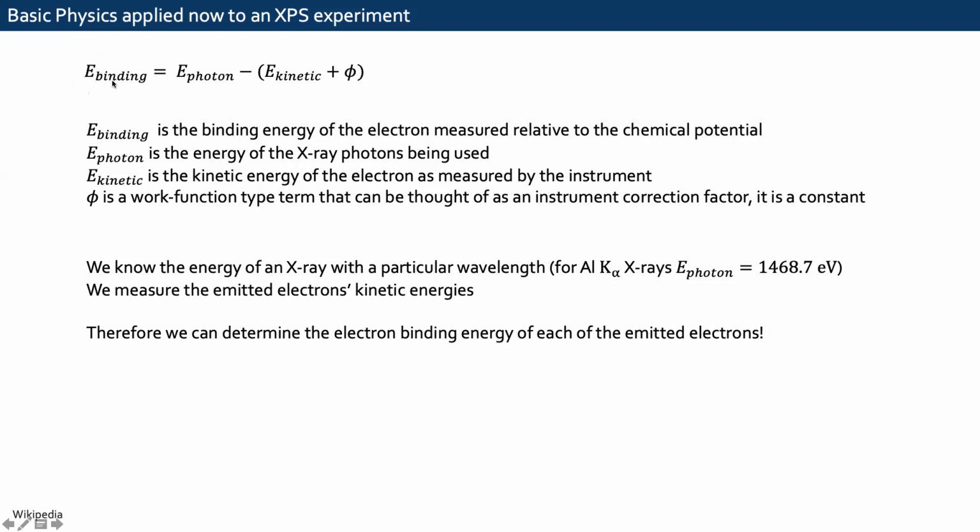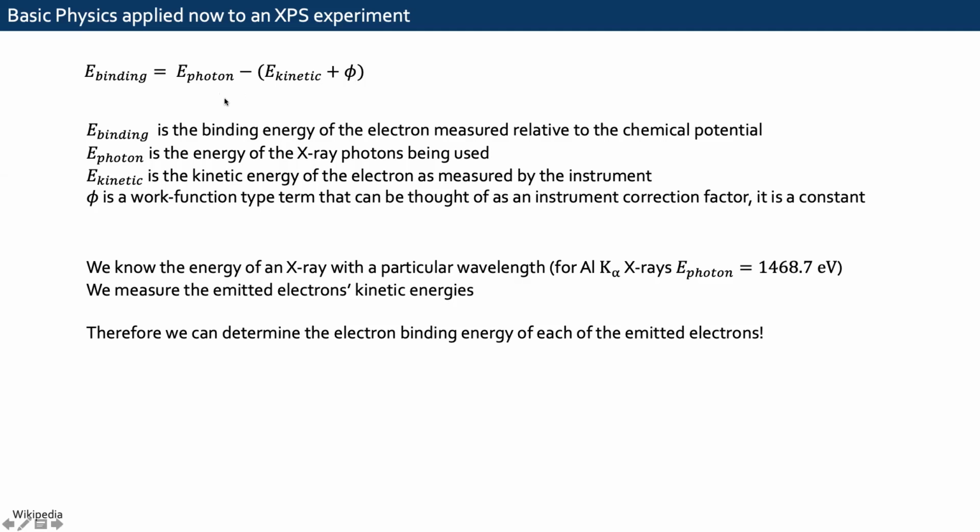We have E binding, the binding energy of the electron, equal to the energy of the photon, the energy of the X-ray photons being used, minus the kinetic energy of the electron, plus a work function. This work function is sort of complicated, but can just be thought of as an instrument correction factor. It's constant. It's built into the software of the instrument anyway, so you don't really have to worry about that.